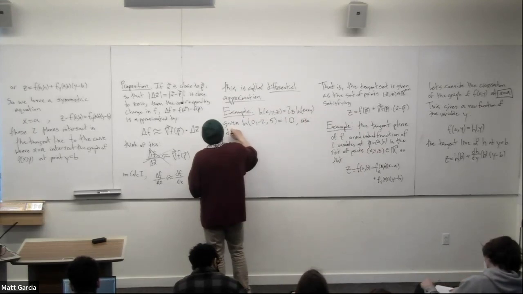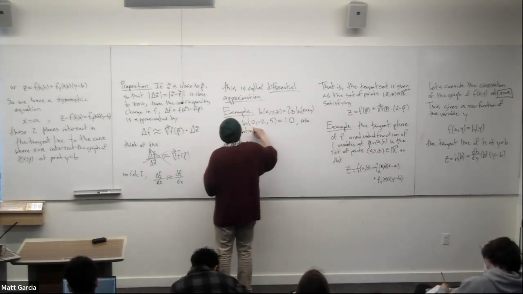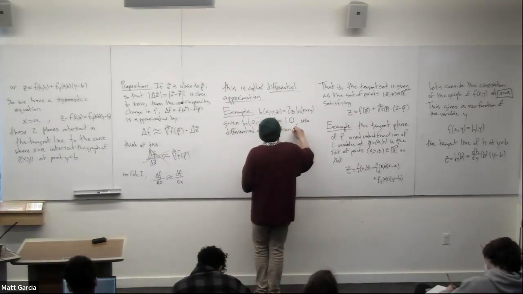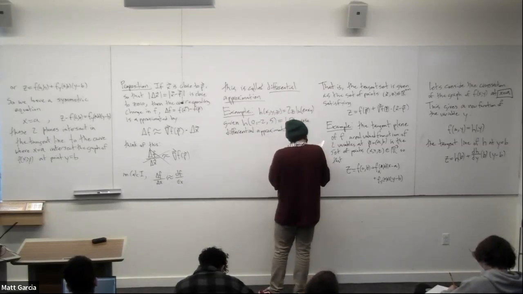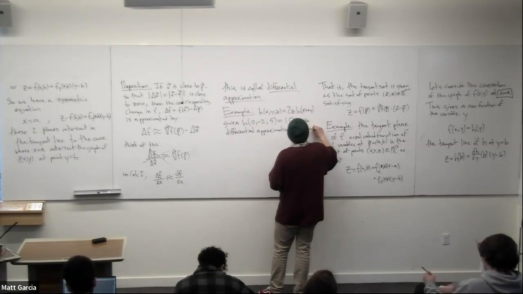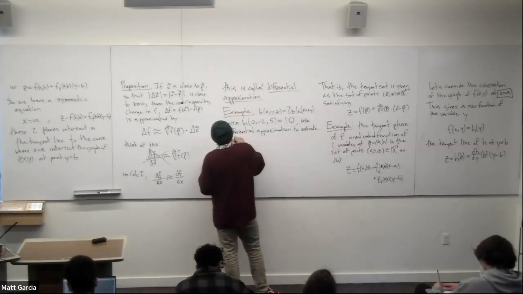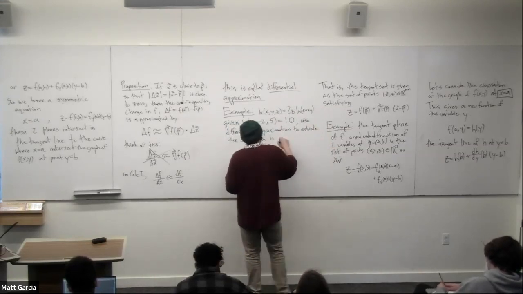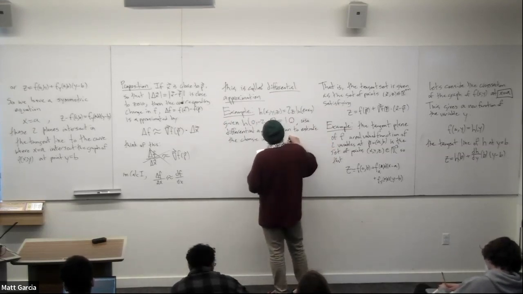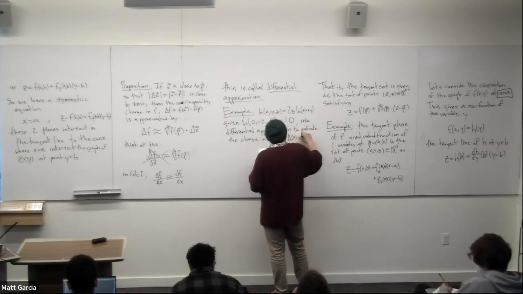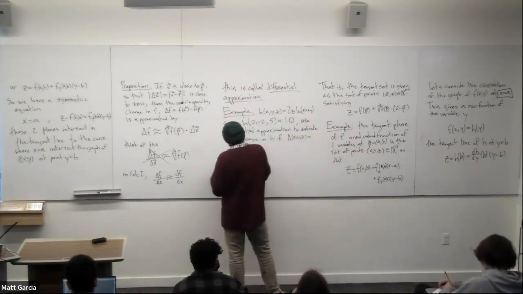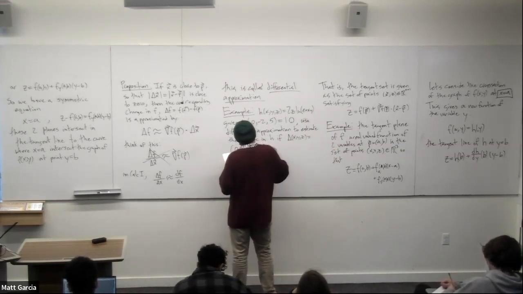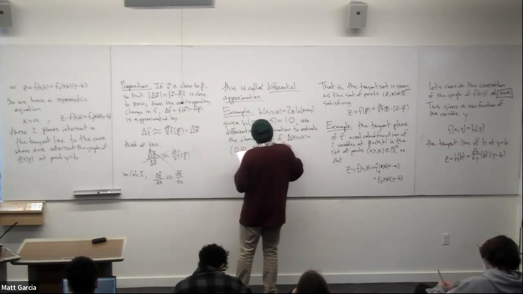Given this, use a differential approximation to estimate the change in h if delta x, y, z is equal to the vector 0.01, 0.05, negative 0.2.